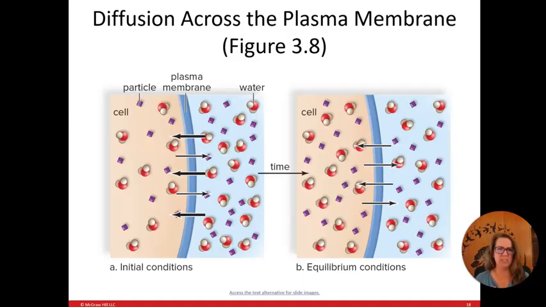And then you see there are some little purple squares, and you can count them up on the outside of the membrane and the inside of the membrane. But what you see is that over time, they are going to move in random directions until there's an equal amount of water and particles on both sides of, in this case, the plasma membrane. So now equilibrium is maintained.